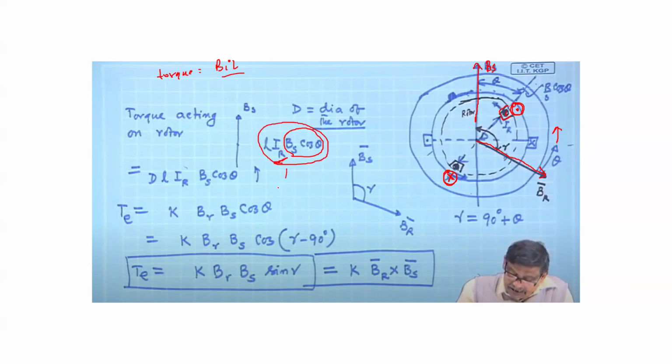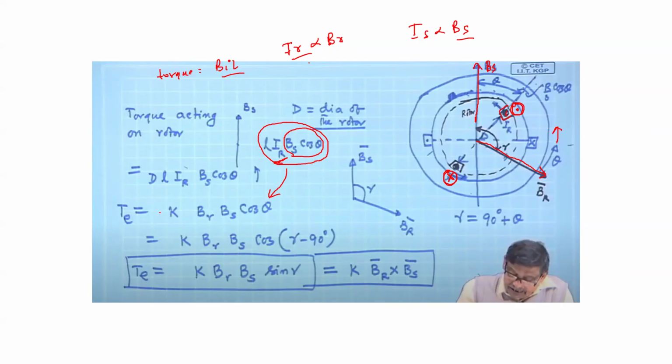Now you see this torque experienced, we know that this IR is proportional to the mmf of the rotor. This is generally the case, right? The stator current is proportional to the mmf of the stator, so this rotor current is proportional to the mmf of the rotor.